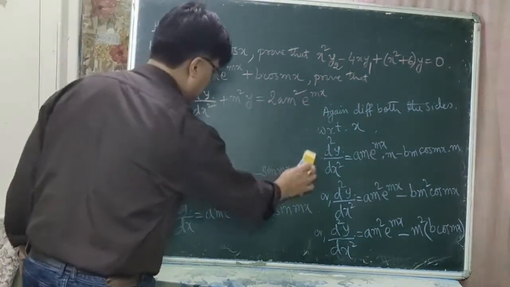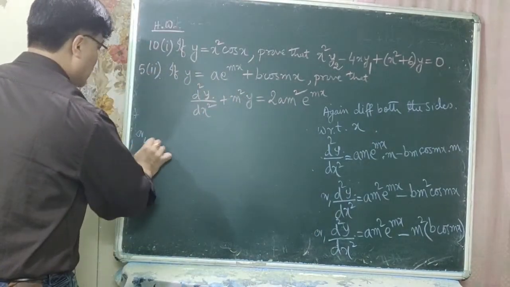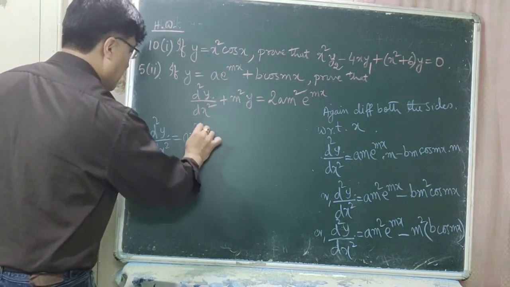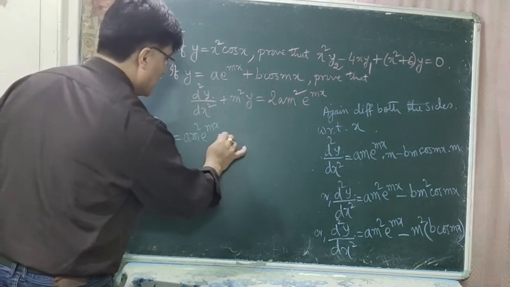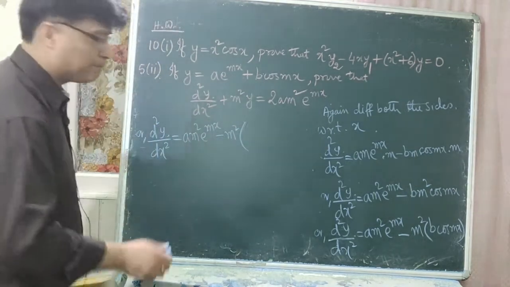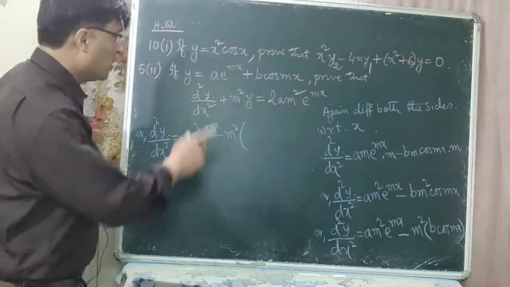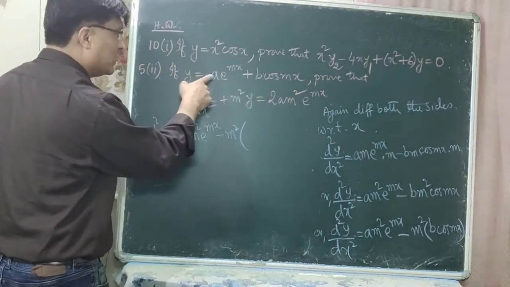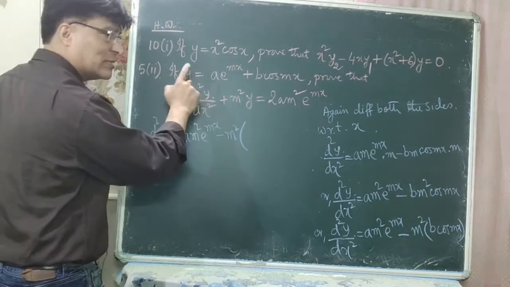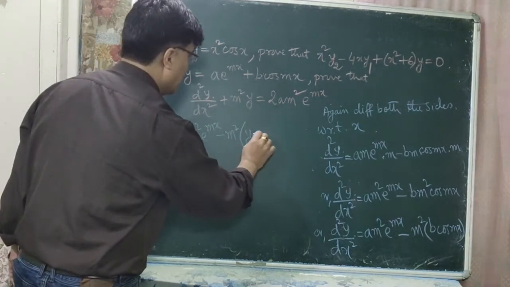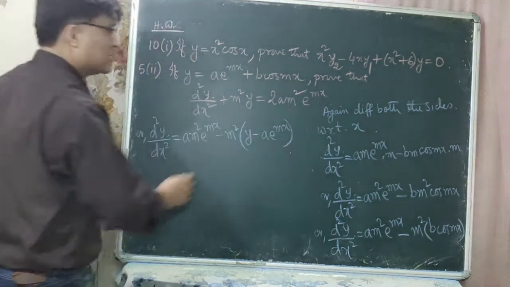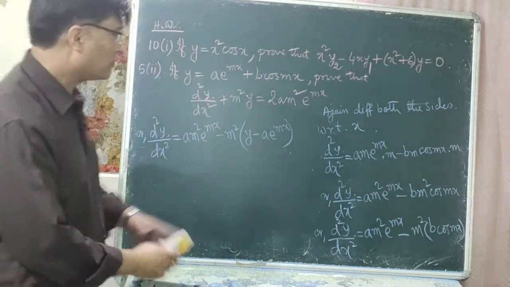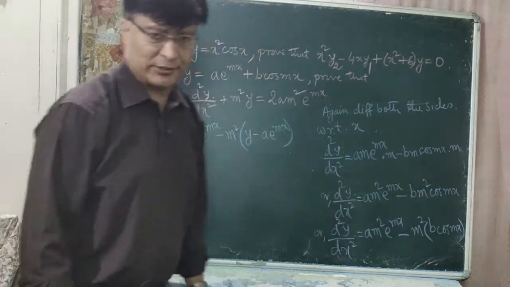From the given, I already told you that it is y minus a e to the power mx. So we put that value instead of b cos mx.